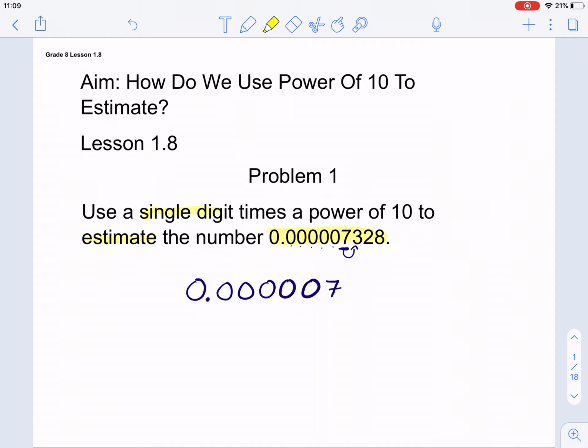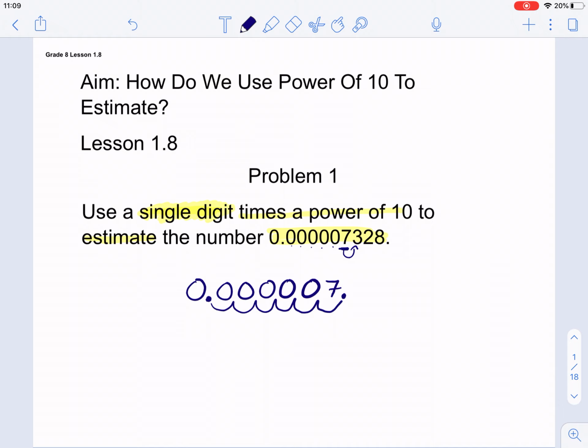Now, since I have to write this number as a single digit times a power of 10, I'm going to determine how many times I have to move my decimal to turn this number into a single digit. So I have to move it 1, 2, 3, 4, 5, 6.